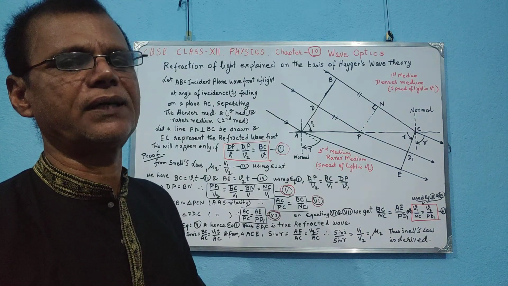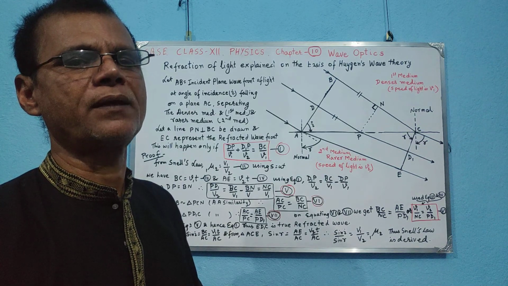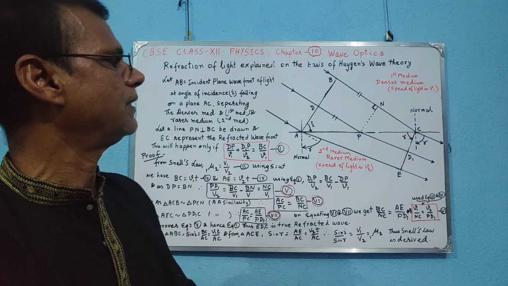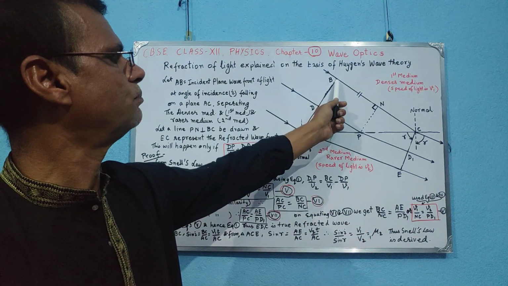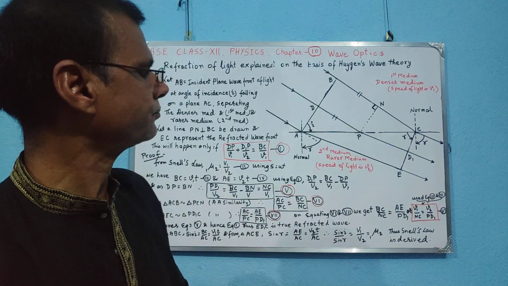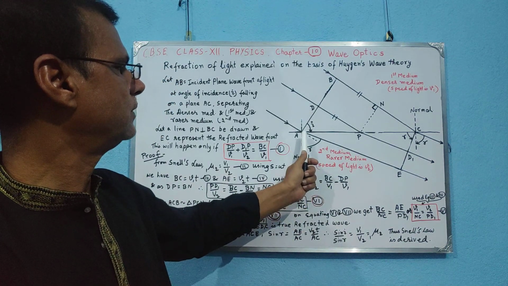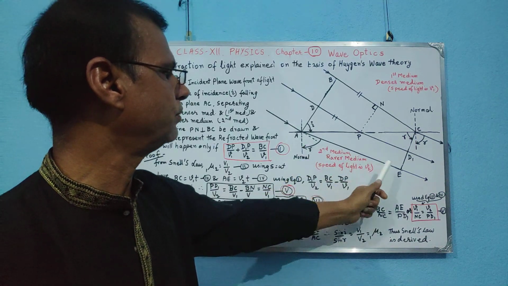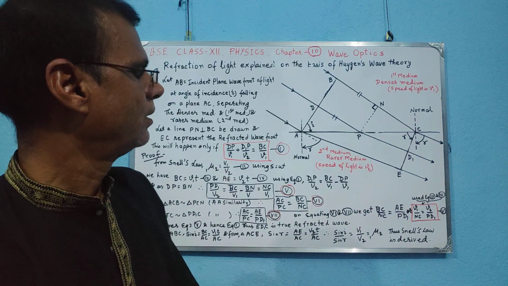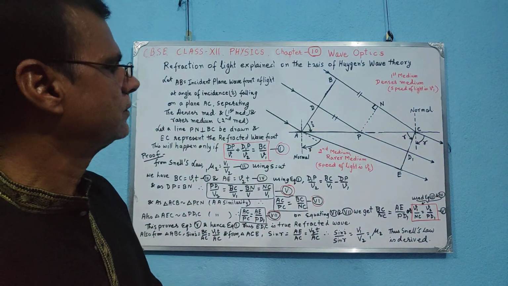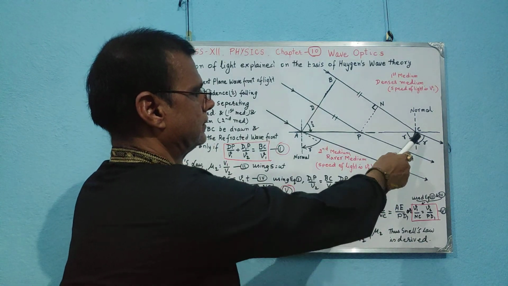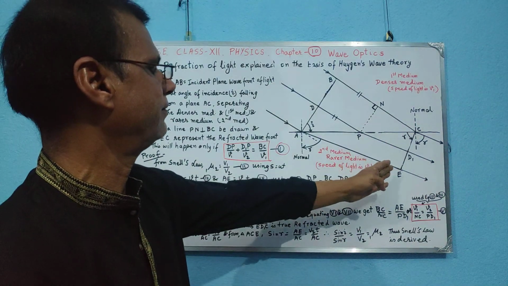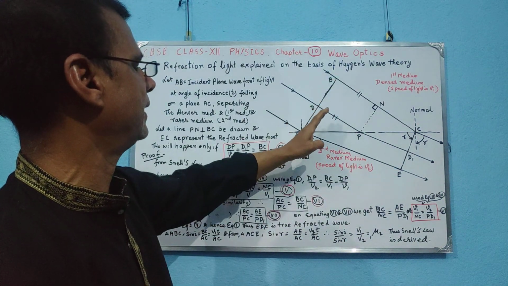As the wavefront needs to travel all together, the time taken by the light ray to reach from point B to C must be equal to the time taken by the light ray to reach from point A to point E. Then only we can have this EC truly representing the refracted wavefront of the incident wavefront ADB.